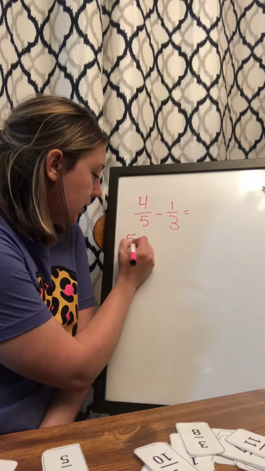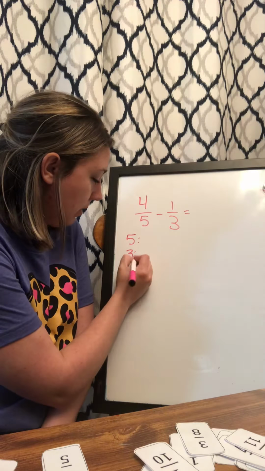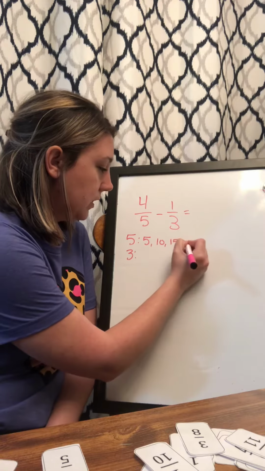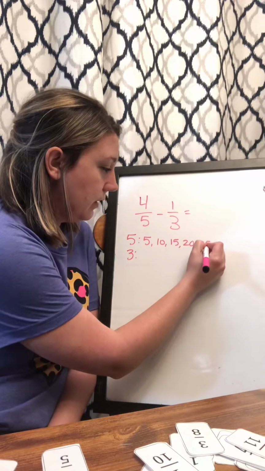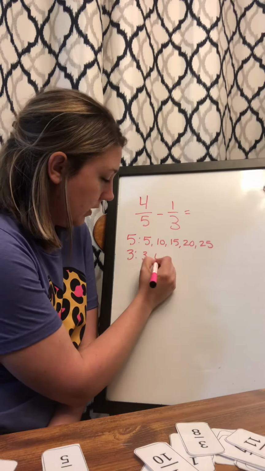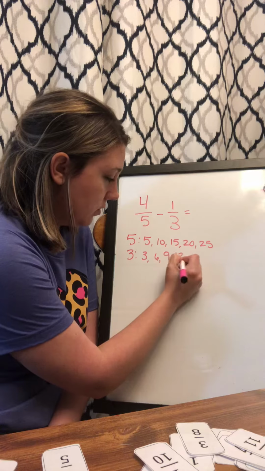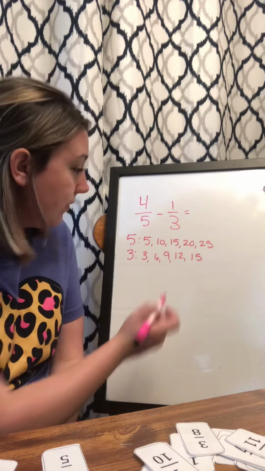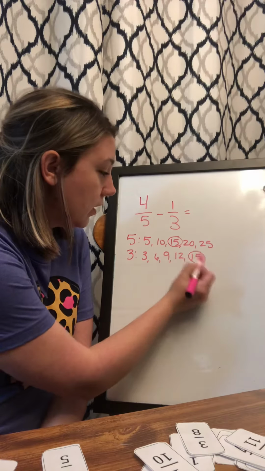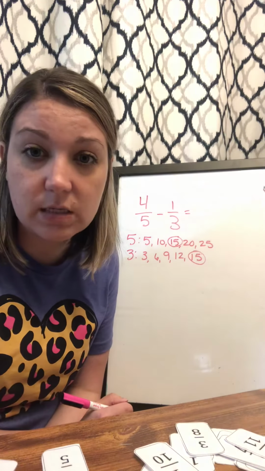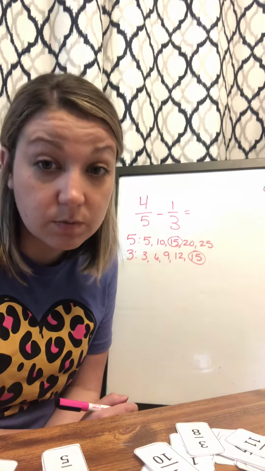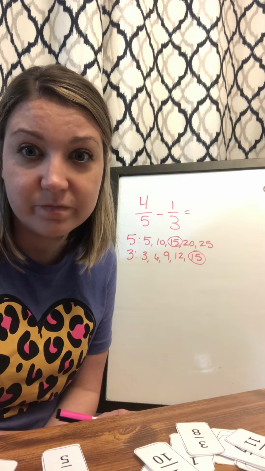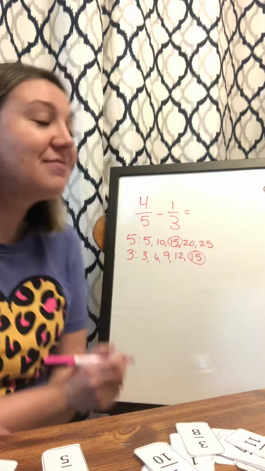My multiples of 5: 5, 10, 15, 20, 25. My multiples of 3: 3, 6, 9, 12, 15. What numbers do they have in common? They have 15 in common. So that is going to be my least common multiple, and it's now my new denominator.